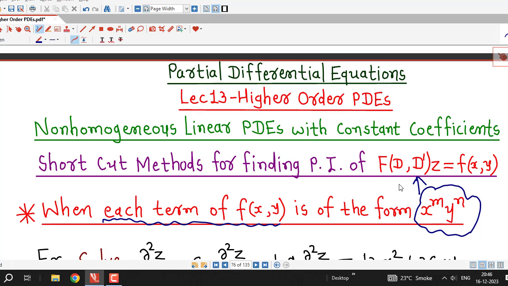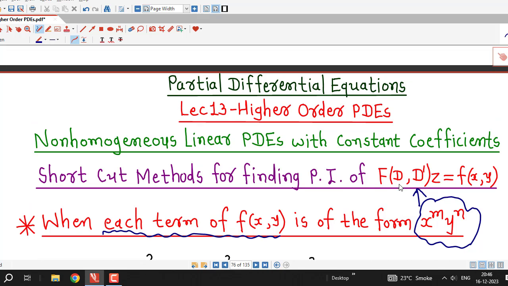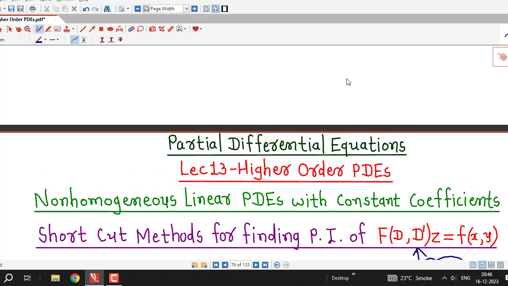We have seen how to find the particular integral in this case, and we know that we consider the expansion of 1 over F of D, D dash either in powers of D or D dash using the binomial theorem, and for that we discussed one example in the earlier lecture.